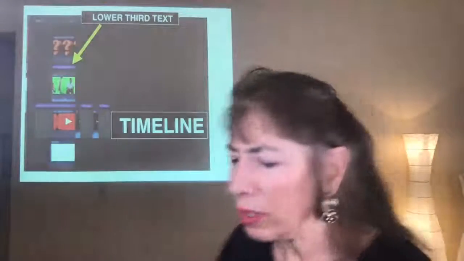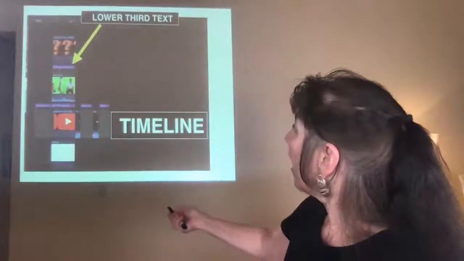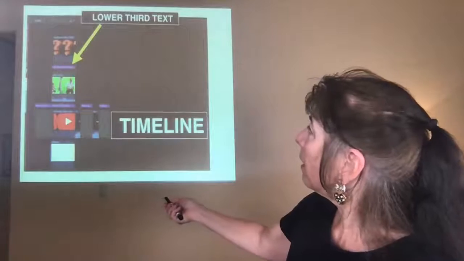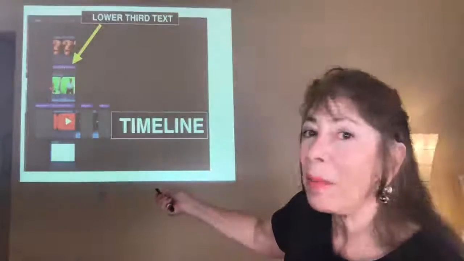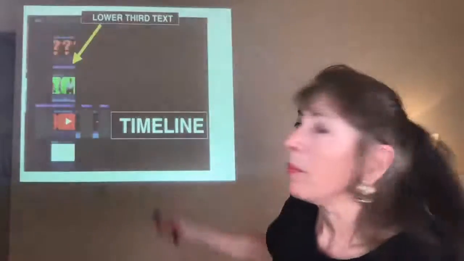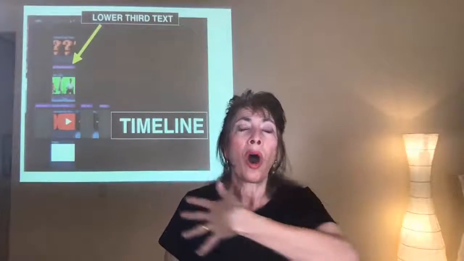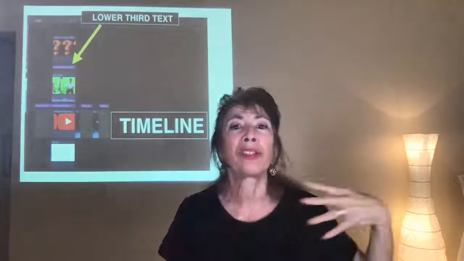So this is showing you close up what I mean by lower third. And here it is, right? So it's on top of the A roll because we want it to go across the front of us, not behind us, but across the front of us.